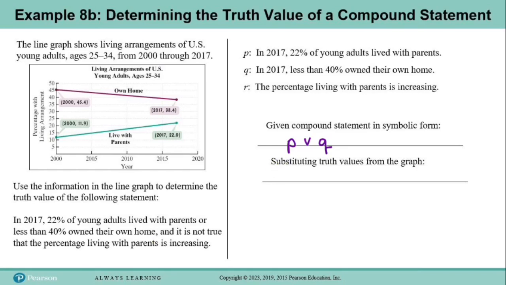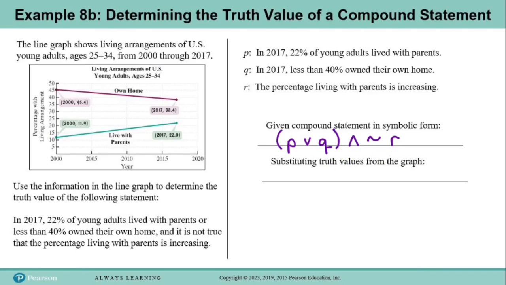So all of this gets grouped together. Everything that came before the comma is grouped together. And then we have and. So we'll need an and symbol. It is not true that. So we need a not. And then we have statement R. Okay, so we've got parentheses P or Q and not R.